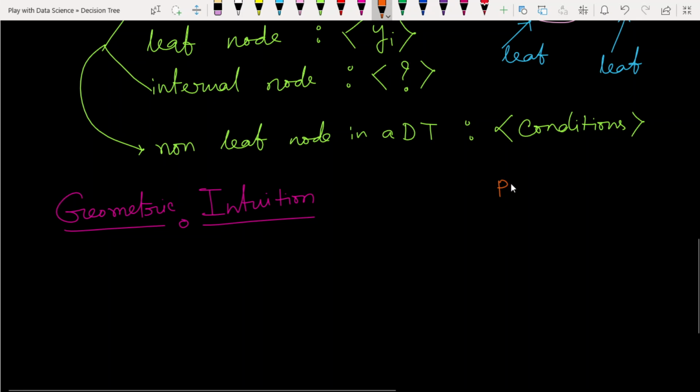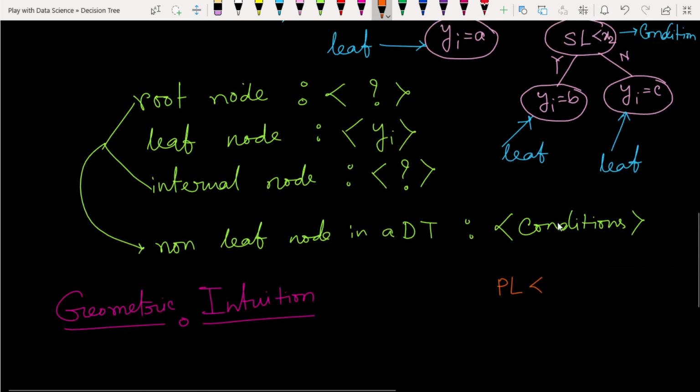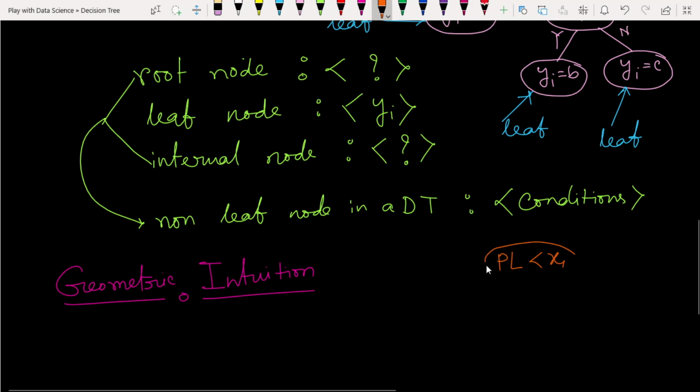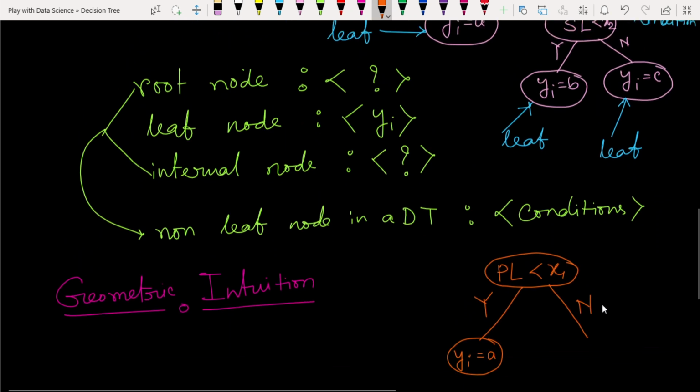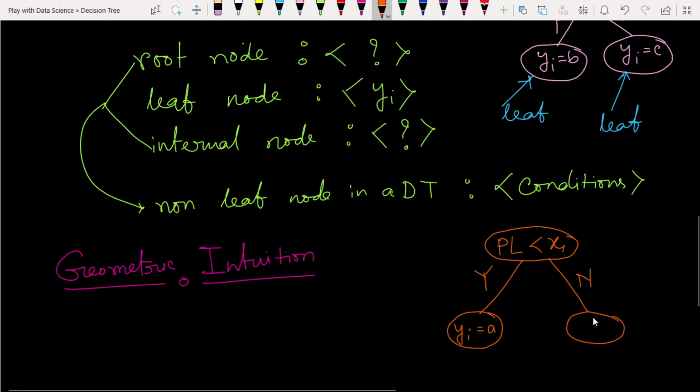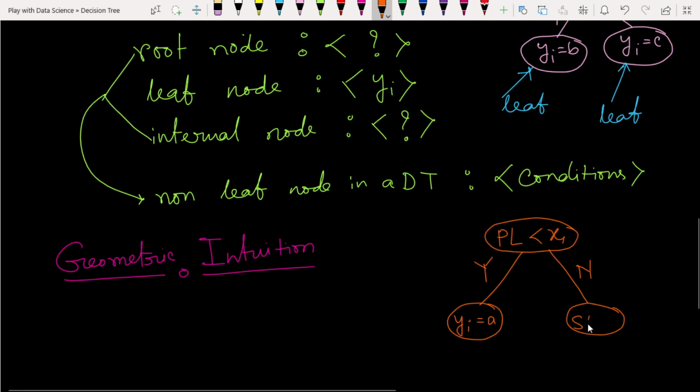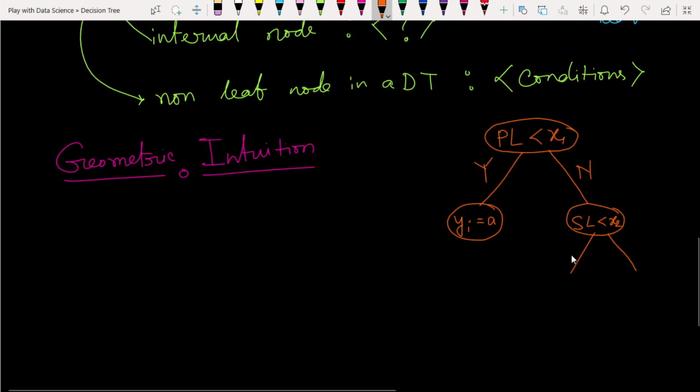First I am checking if petal length is less than or equal to x1. Then we have two outputs, yes or no. If it is yes, then we have made a decision that our output will be A. If it is no, then we make another check: sepal length is less than x2, and there may be two outcomes, yes or no. If it is yes, then we conclude that our yi will be b.